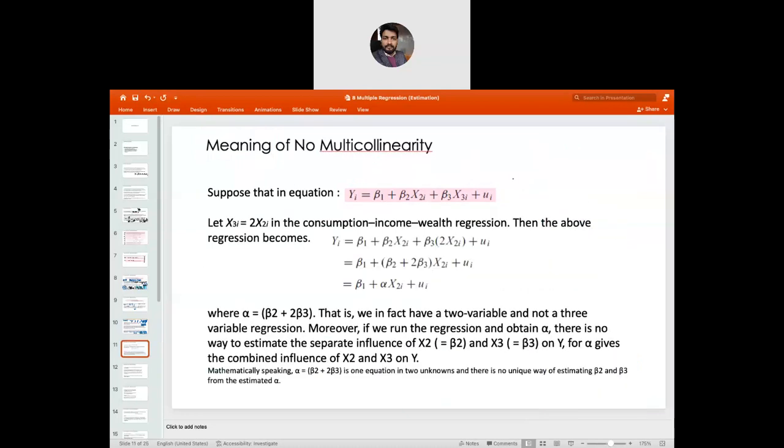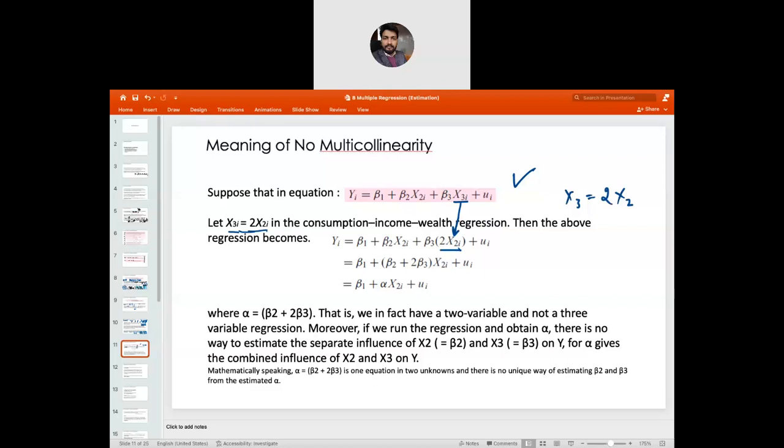So we have this model, and let us assume X3 is 2 times X2, and let us put 2X2 in place of X3, because X2 and X3 are perfectly linearly related, and X3 is equal to 2X2. So I have put 2X2 instead of X3 here.